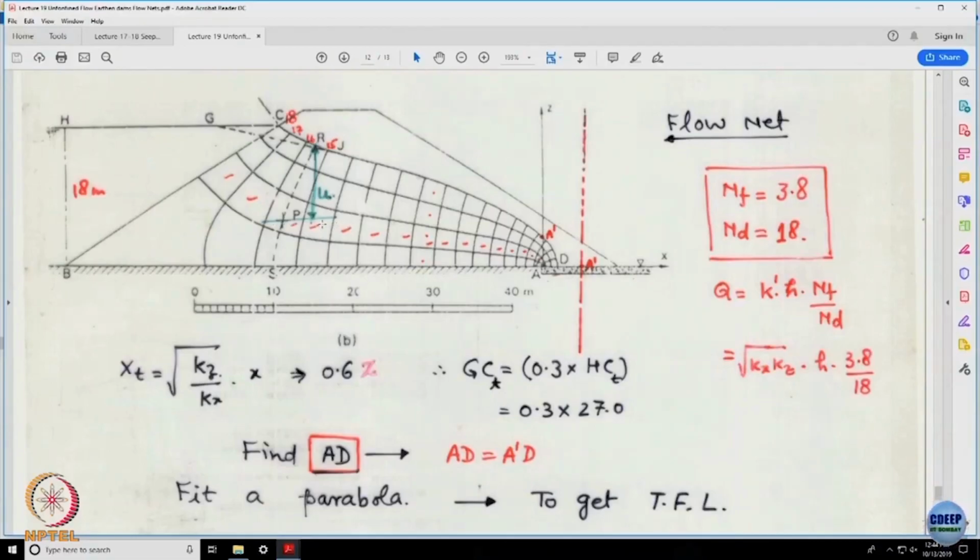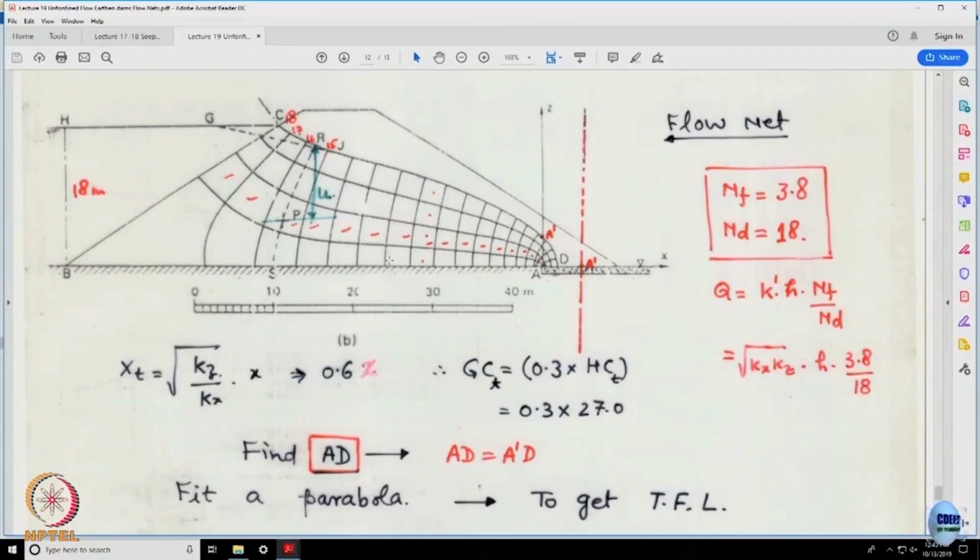If I put a piezometer here, it will go and cut the top surface at this point where the equipotential is cutting the top phreatic line. Point of intersection of the top phreatic line and this equipotential is going to give you the total head at this point. So, once you have got the value of u, you can compute whatever has been asked.